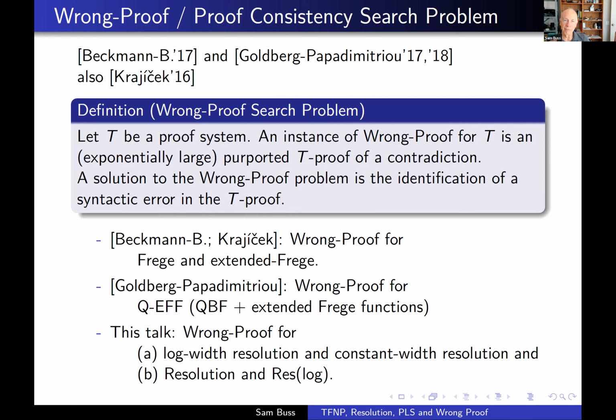Basically, for the wrong proof search problem, you let T be a proof system, for instance Frege or resolution. An instance of the wrong proof problem for the proof system T is a purported proof in the theory T of a contradiction, of, say, false. Again, an exponentially long purported proof. A solution to the wrong proof problem is the identification of a syntactic error in the T proof.